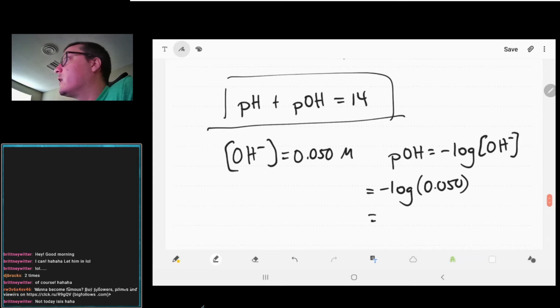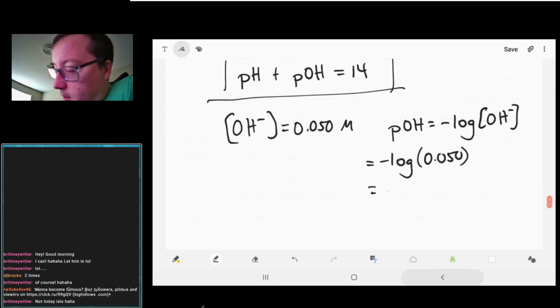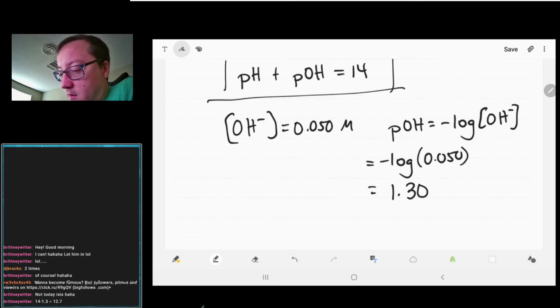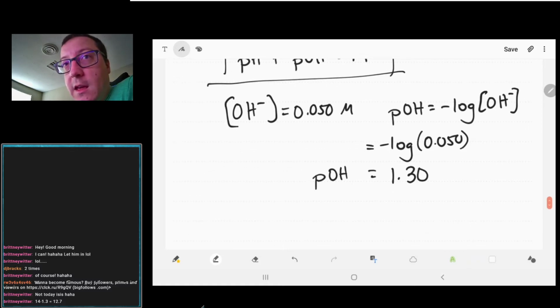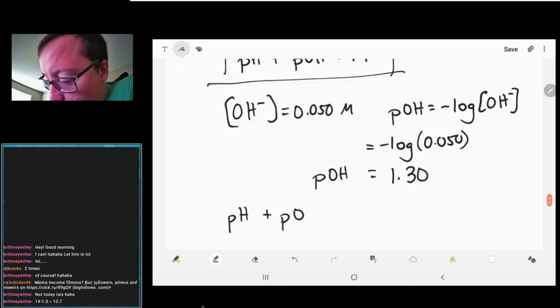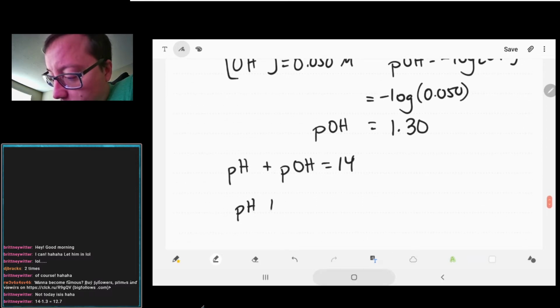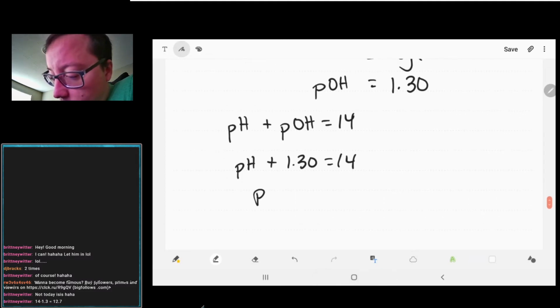If we just do that, 0.05, notice we get 1.30. If we take our sig figs, that would be our pOH. Exactly, Brittany, perfect. So pH plus pOH is 14. So pH plus 1.3 equals 14. And so pH is going to equal 12.70.